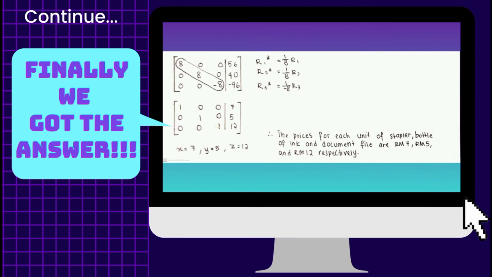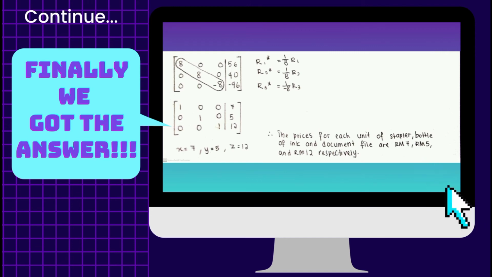So for row 1, 1/8 times row 1, then we get 1 for the diagonal entries and 7 for the element on the right side, which is the answer that we want. Row 2 is the same, which is 1/8 times row 2. Then we get 1 for the diagonal entry and 5 on the right side.